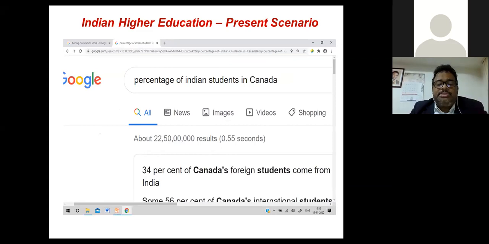Yesterday I saw what the situation is in other countries: 34% of Canada's foreign students are from India. In other countries also it is almost like that, but I kept only these two, US and Canada.